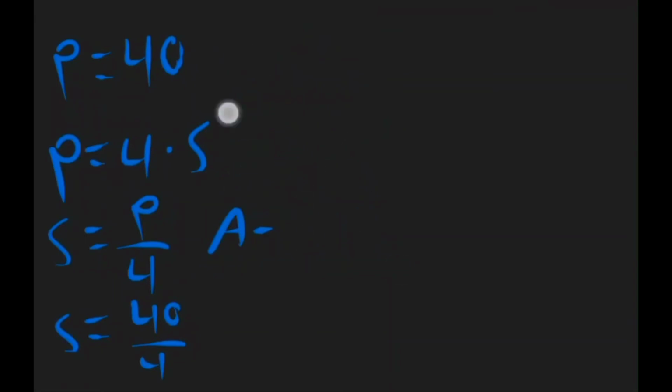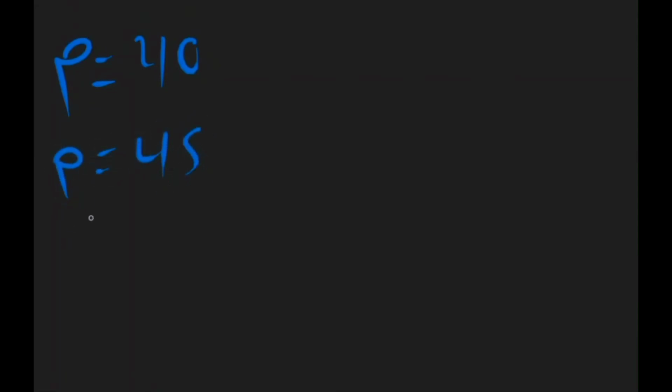And again, I'll show you how to do it when you combine the equations. So you have perimeter equals 40. So the equation perimeter equals 4s. We solve for the side equals perimeter over 4. And then we take the area equals side squared.